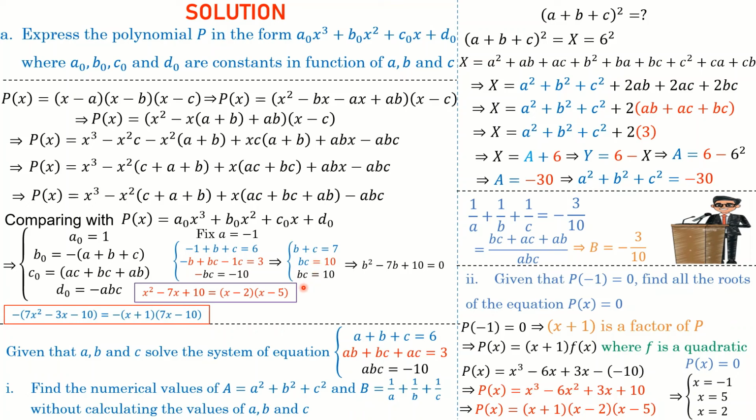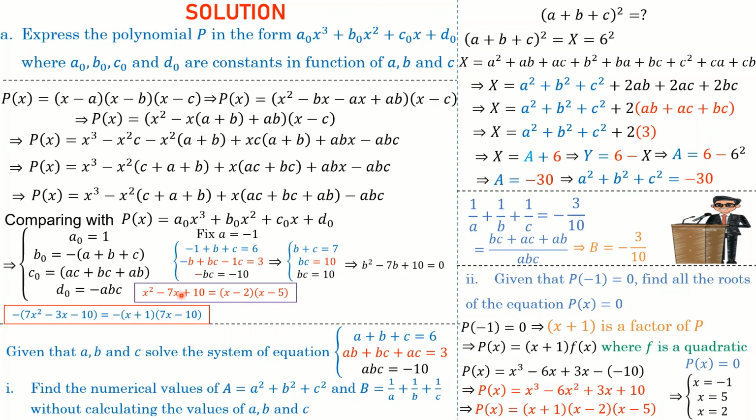Now we can clearly see that if I have a certain quadratic equation whose roots are b and c, the sum of roots is 7 and the product of roots is 10. It simply means that this quadratic equation, which is x squared minus 7x plus 10, is the quadratic equation in question, because the general equation is x squared minus x times the sum of roots, which is 7, plus the product of roots, which is 10.